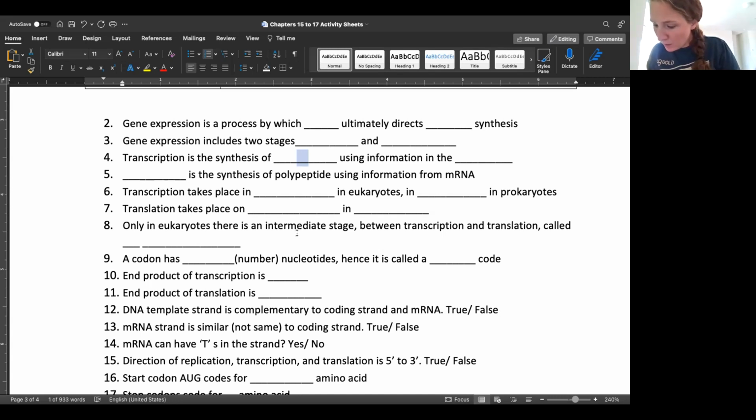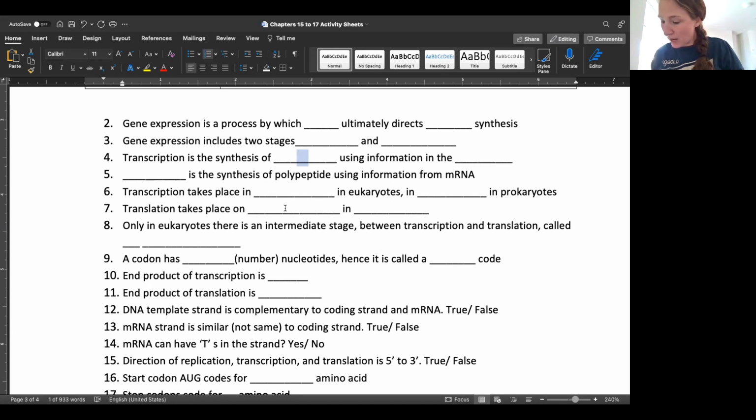Number 6, transcription takes place in nucleus in eukaryotes and cytoplasm in prokaryotes. Good. And then translation takes place on ribosomes in the cell cytoplasm.